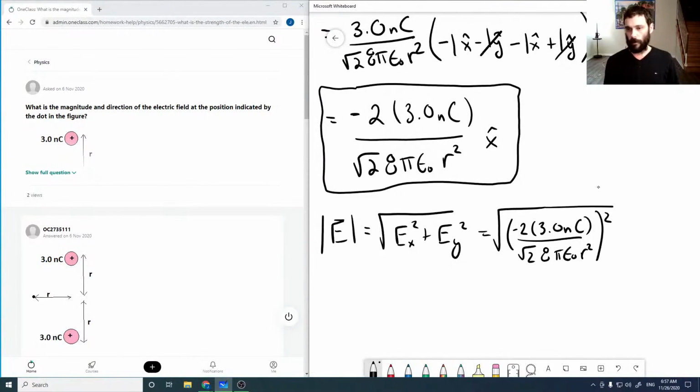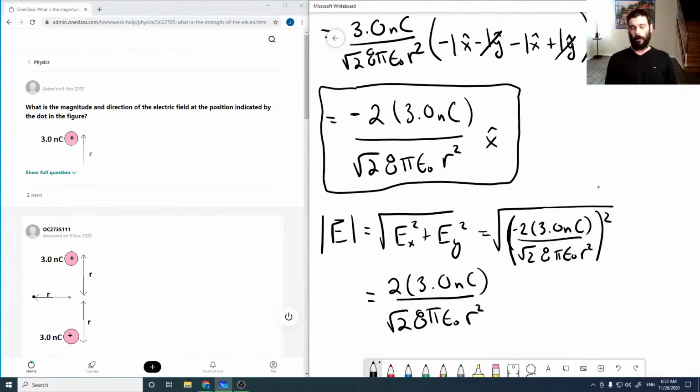So the square root of something squared will, of course, give you the same thing back, but when you square it, it's going to get rid of the negative sign. So that's really all that matters. So the magnitude of it is going to be 2 times 3 over root 2 8 pi epsilon naught r squared. Okay, so it's unsigned. The magnitude doesn't have the sign. So that's the magnitude of our electric field.